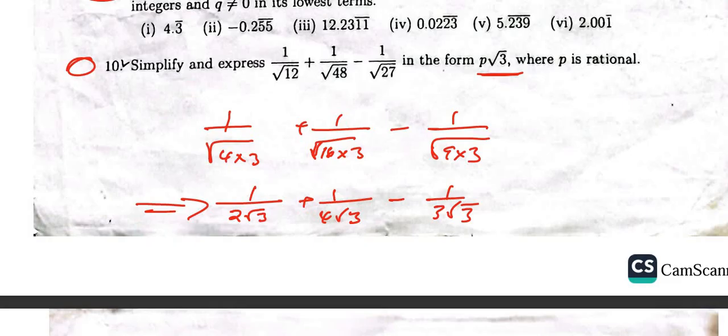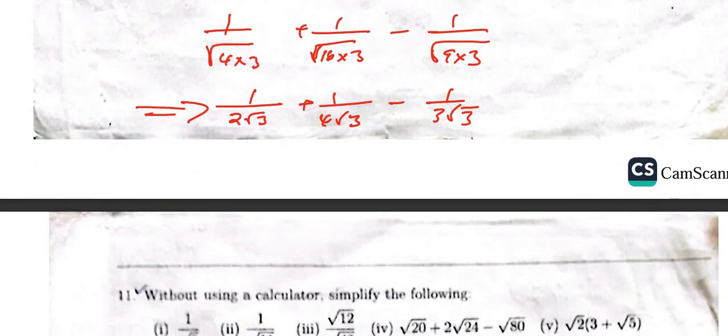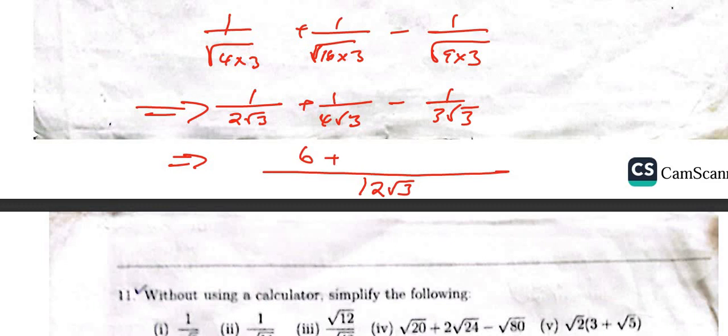So then from here we just add everything. So this is going to be the same as what? Look at the numbers in front. There's a 2, there's a 4, there's a 3. So we can say 12, then root 3. So root 3 into root 3, it cancels. 2 into 12, that's a 6. 6 by 1, that's a 6. Then 4 there, that's a 3. Minus, that's going to give us a 4.